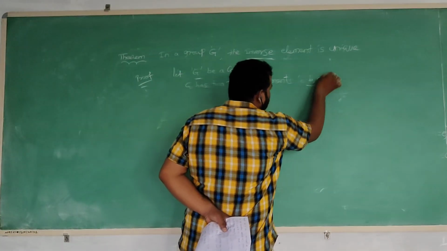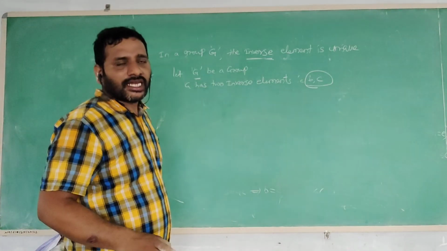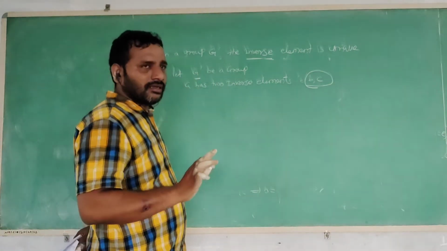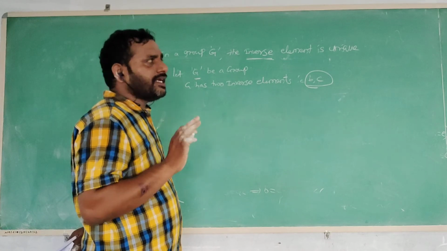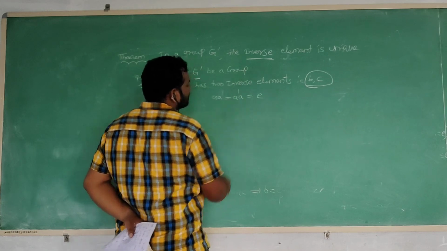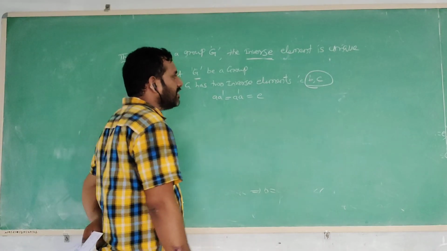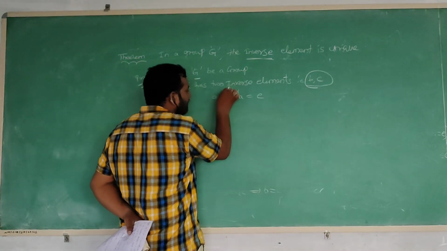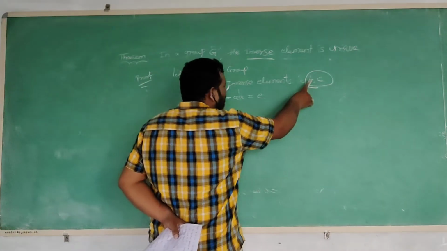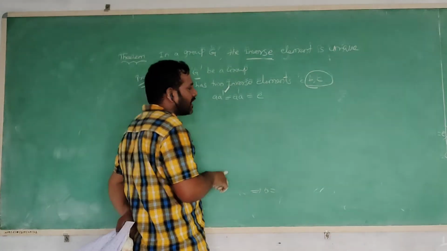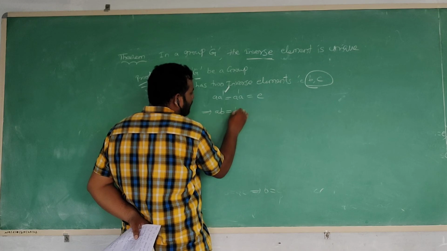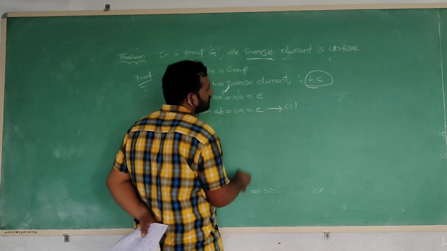Suppose B and C are two inverse elements in G. According to the inverse property, A times A dash equals A dash times A equals E, and A dash is called the inverse of A. That's why, since B is an inverse of A, we can write AB equals BA equals E. This is equation 1.